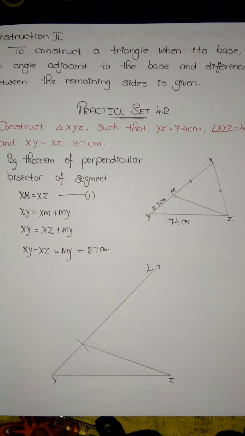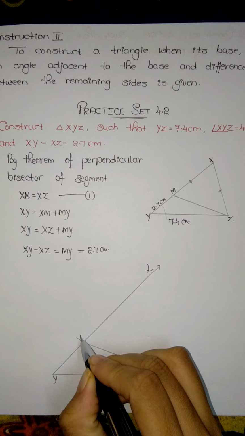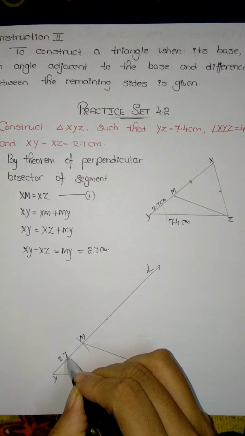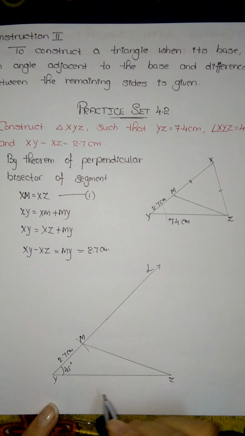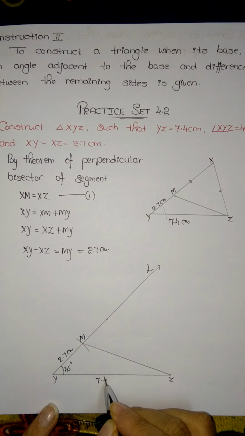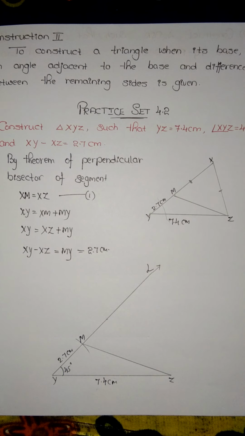Now this is M, so here 2.7 centimeter, this is 45 degree, and this is 7.4 centimeter.